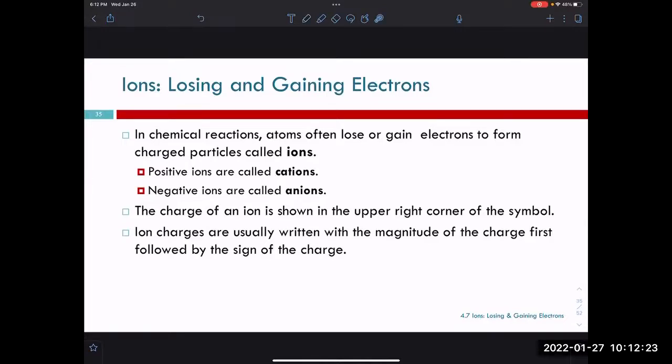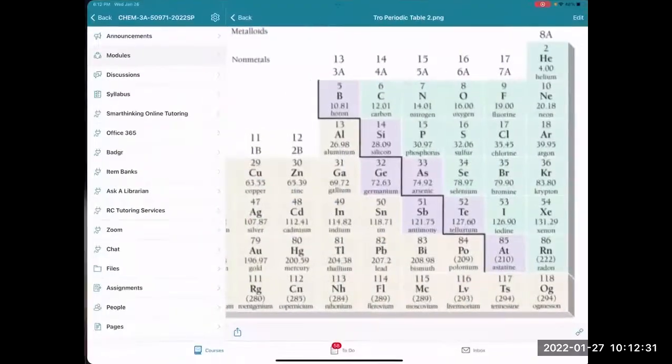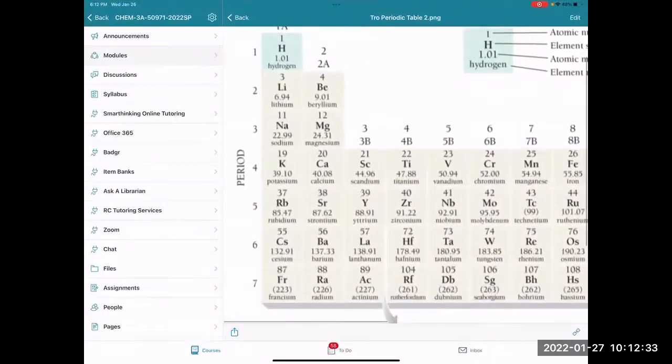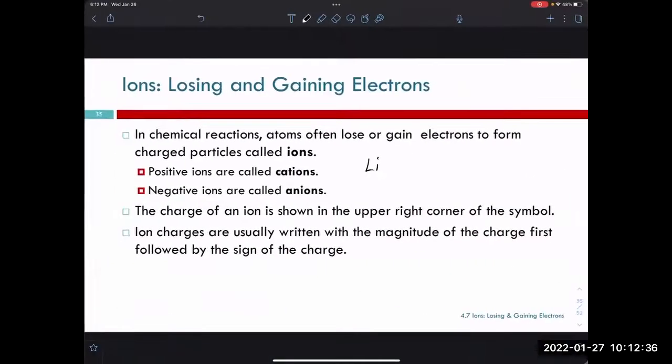Let's use a concrete example, lithium. Lithium on the periodic table is 3, so lithium has 3 protons. In its neutral form, how many electrons does it have? Each proton has a positive charge, and it's neutral on the periodic table, so neutral lithium would have 3 electrons.